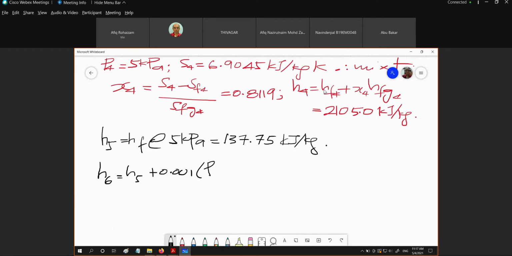So H6 is 137.95 kilojoule over kilogram.